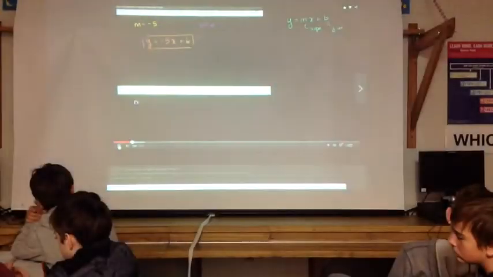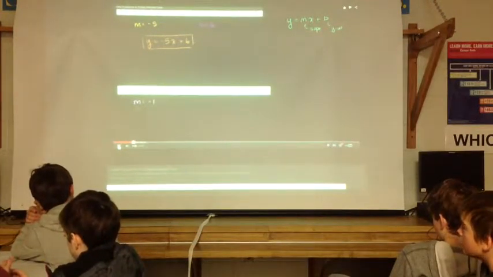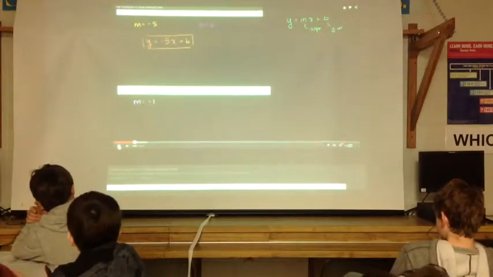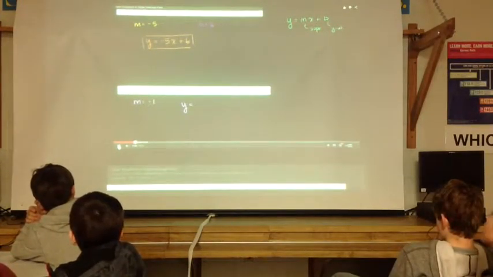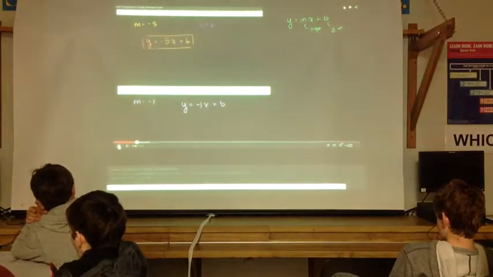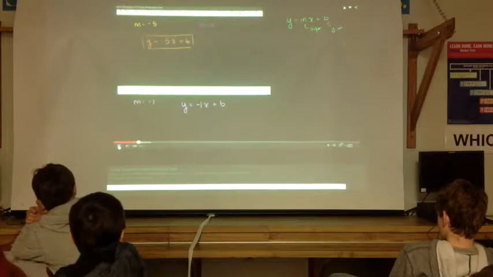So we know that m is equal to -1, but we're not 100% sure about where the y-intercept is just yet. So we know that this equation is going to be of the form y is equal to the slope -1x plus b, where b is the y-intercept. Now, we can use this coordinate information, the fact that it contains this point, we can use that information to solve for b.